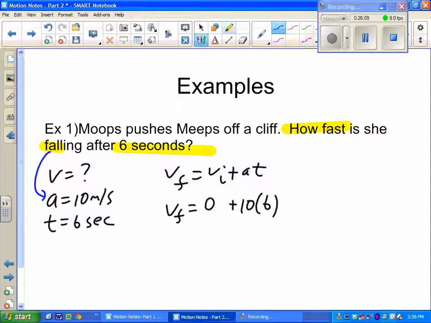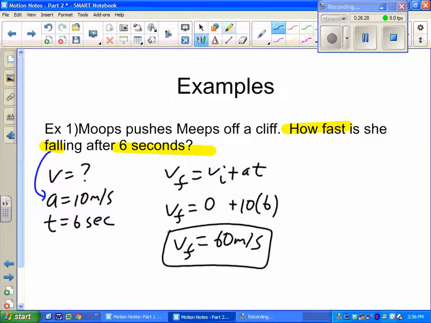Like if you're holding a baseball and you drop it in slow motion, it's going to look like it's not moving, and then it's going to start falling. So because it's not moving initially, our VI is 0. So this just turns into 60. Easy peasy.